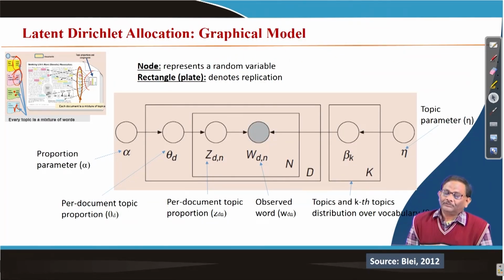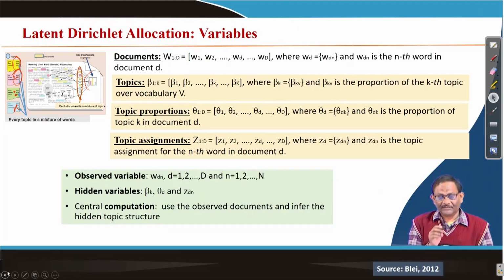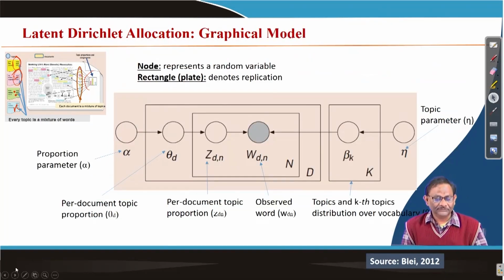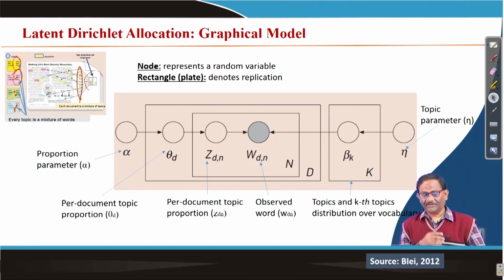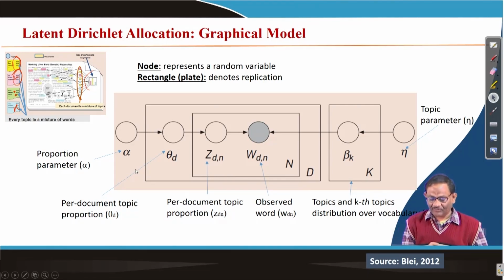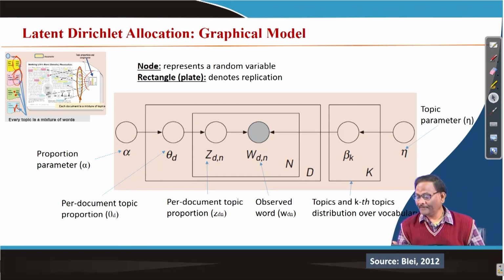Now you have seen the concept and the variables. Graphically, the topic model can be represented like this when we are talking about latent Dirichlet allocation. Now you understand almost everything present here in the notation; most of them are described.